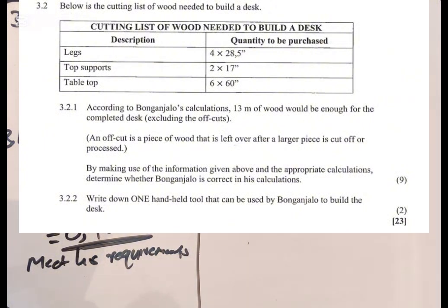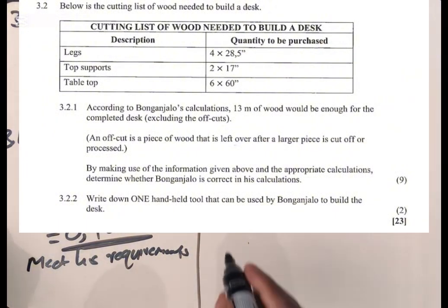According to Bonganjalo's calculations, 13 meters of wood will be enough for the completed desk, excluding the cut-offs. By making use of the information given above and appropriate calculation, determine whether he is correct in his calculations.